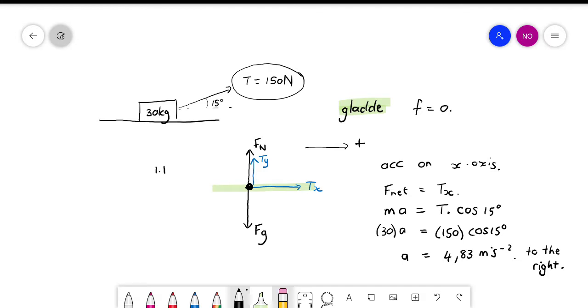It has to be to the right because I initially chose to the right as positive. Onthou julle hoef nie 'n rigting by te sit as hulle gevra het vir die grootte van die versnelling. So if they ask for the magnitude of acceleration, you don't have to put a direction there.